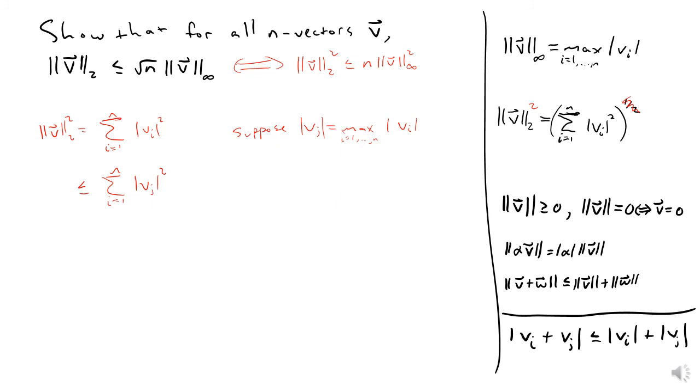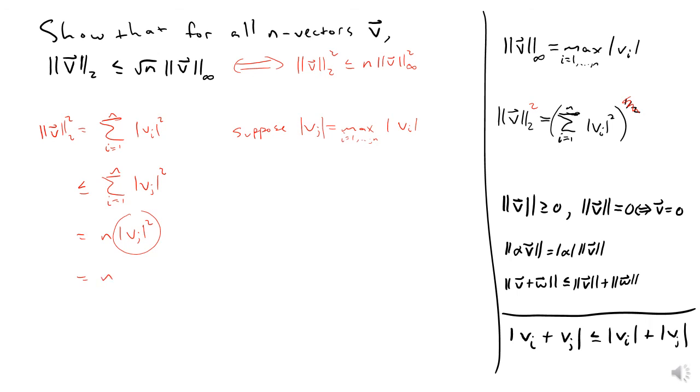So now if I add up v sub j n times, then this is equal to n times absolute value v sub j squared. But absolute value of v sub j, remember that was our biggest entry in the vector. And so by definition, this thing right here is our infinity norm squared.